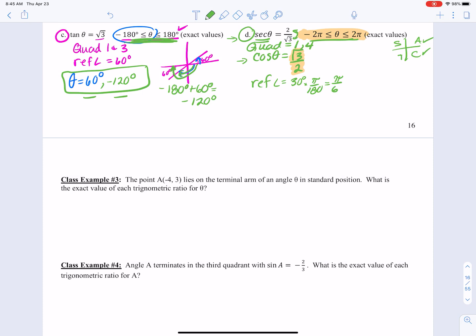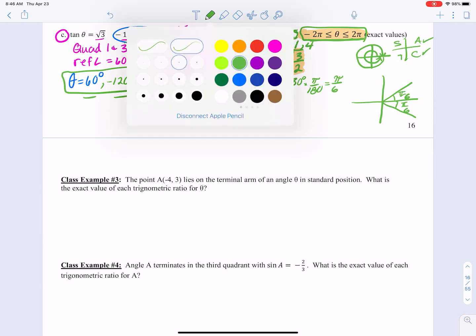So I have a domain of negative 2 pi to 2 pi. So what that means is I'm going to report all the angles in a full positive rotation, and then I'm going to report all the angles in a full negative rotation. So let's draw this with the reference angles in quadrant 1 and quadrant 4 of pi over 6 and get to work with that. I'm going to hit the positive angles first.